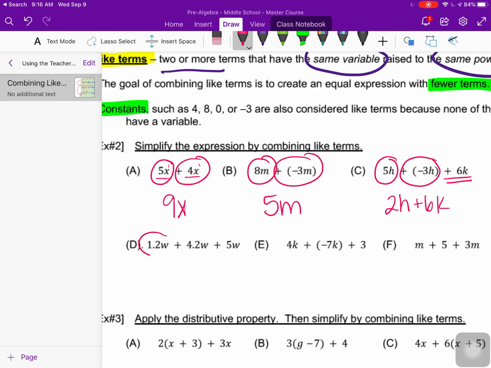And D, 1.2w plus 4.2w, that's 5.4w. And then you have another 5w to combine.